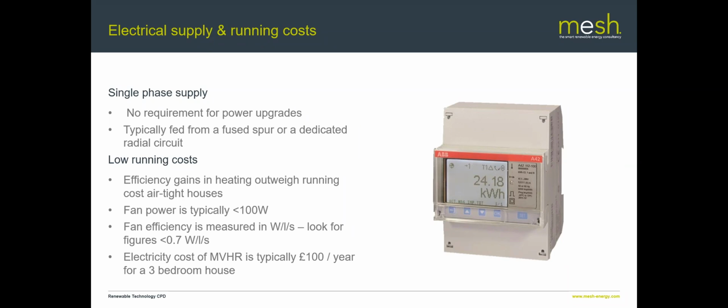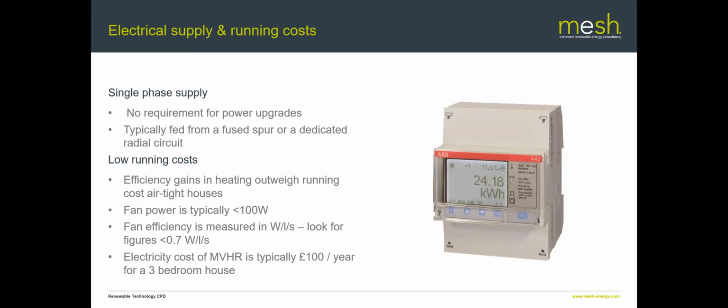One of the figures you might see when you're looking at MVHR units themselves is what they call the fan efficiency. What that does is look at basically how much air is blown for each watt of electricity that goes in, and typically you're looking for a figure of 0.7 watts per litre per second or better for a good unit.